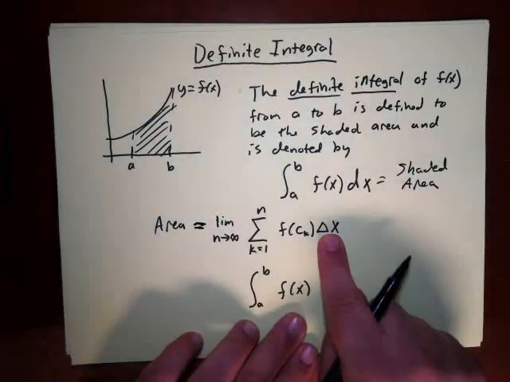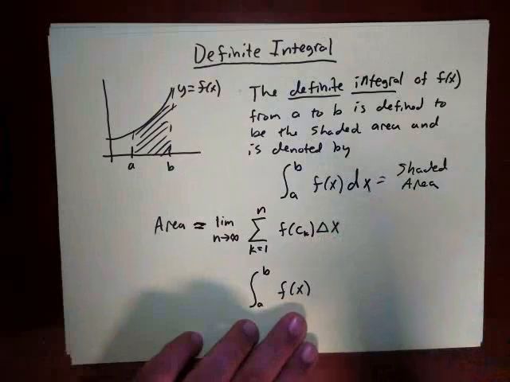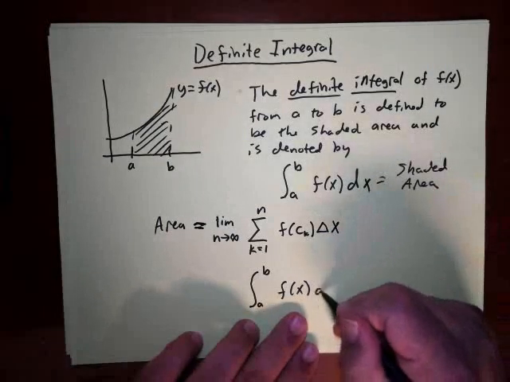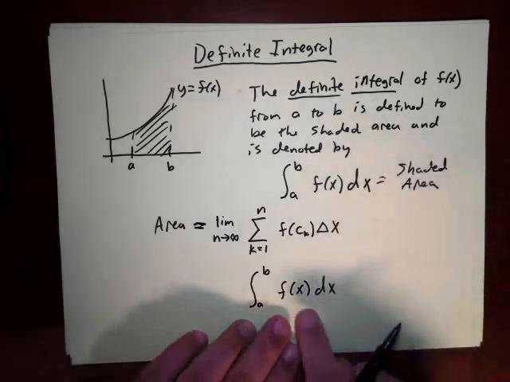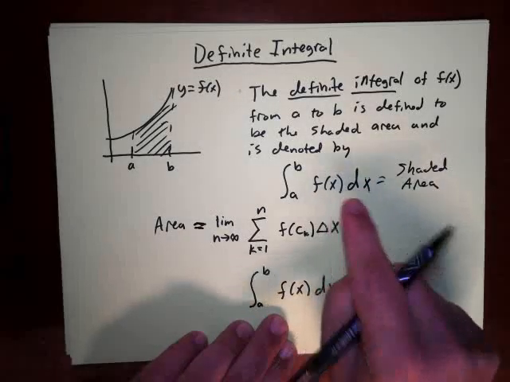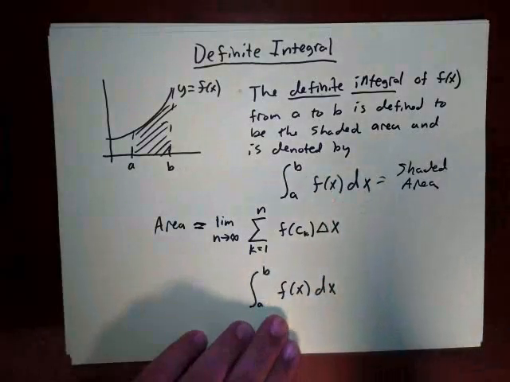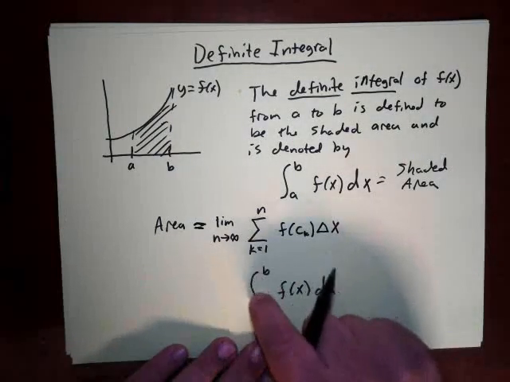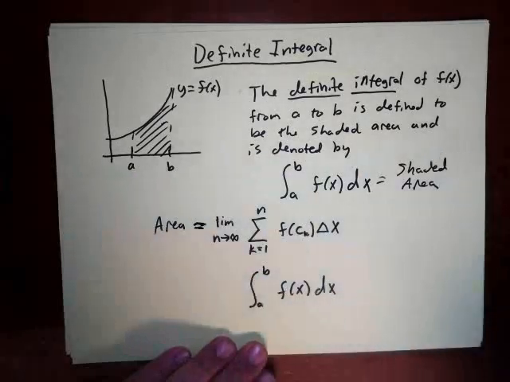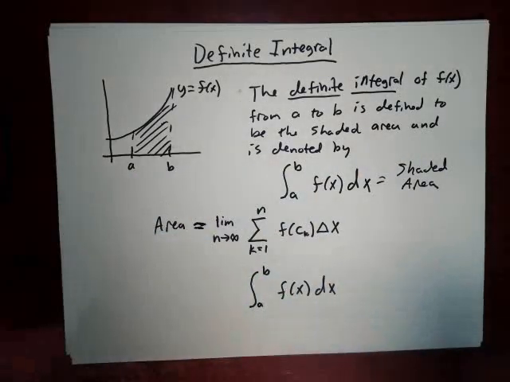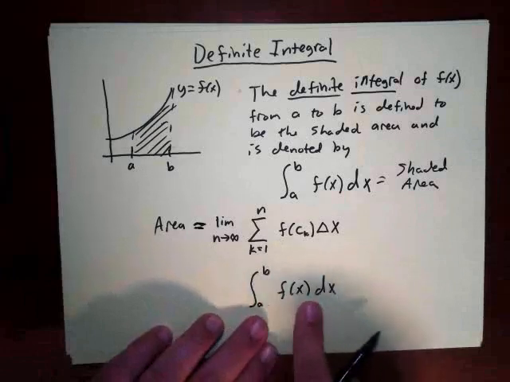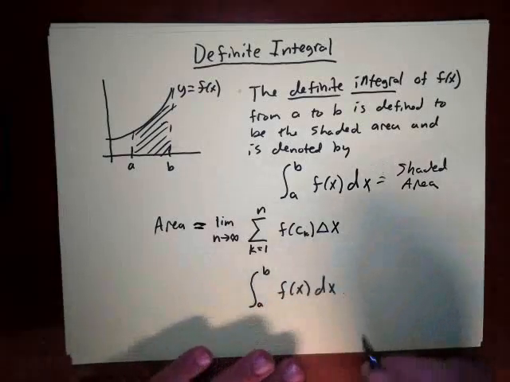And then this delta x, as you let the delta x shrink down to 0, then it becomes a d of x, right? And so this f of x times d of x is kind of like the area of a single rectangle, and then this elongated s is that you're summing up all of those infinite rectangles that go from A to B, okay, and then you get the area.